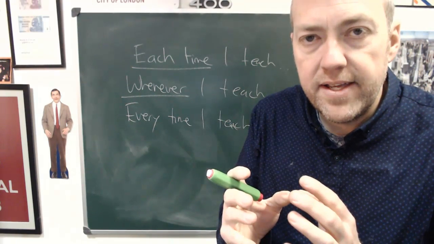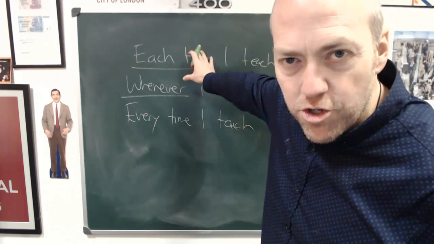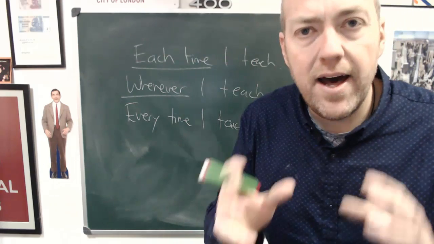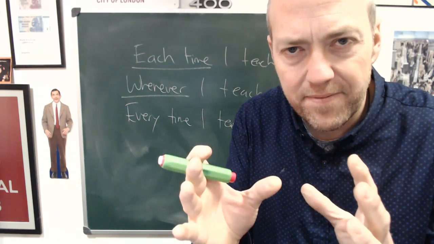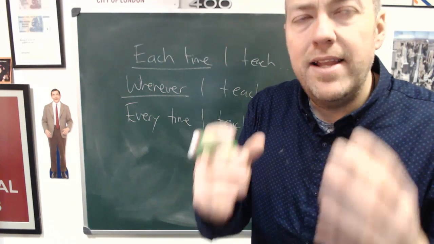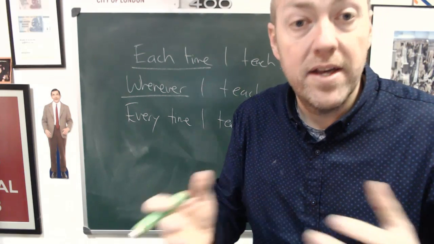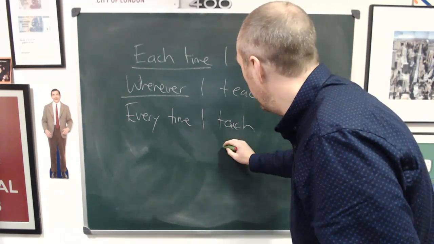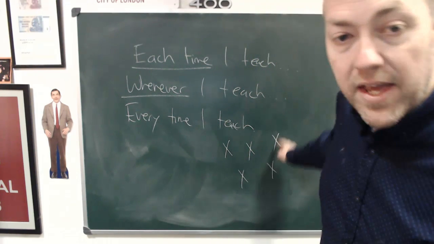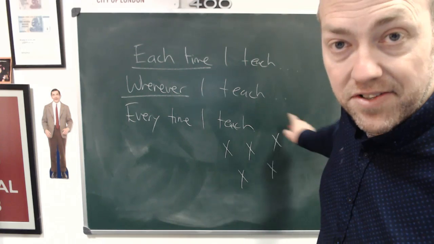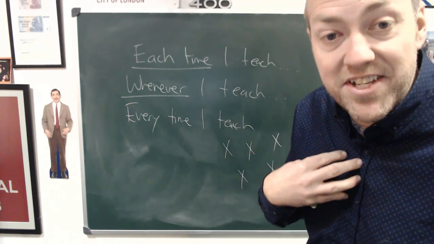So when we use the word each, okay, we are talking about the individual thing. Okay? So let's imagine that we are talking about classes. Okay? So here are my classes. Okay, these X's represent classes that I teach.